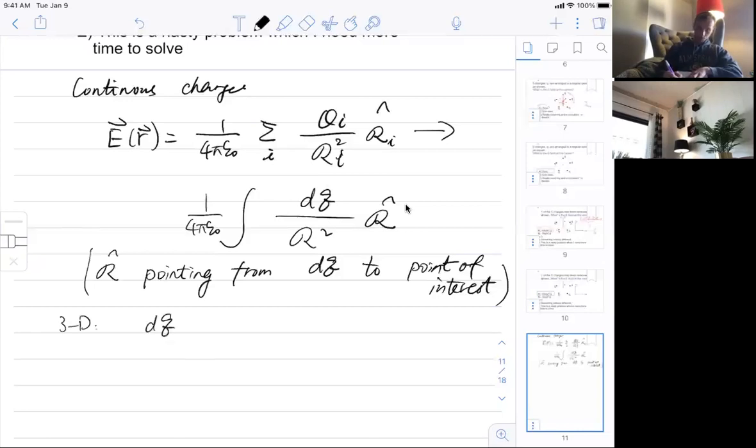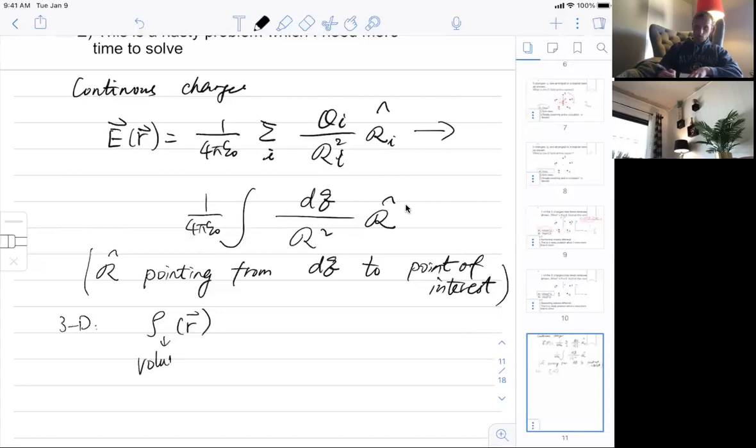dq can be written using something called the volume charge density. And as we recall, the volume charge density rho can be a function of r because you may have different density at different locations, or it could be uniform, as a lot of times we are dealing with a uniform density.